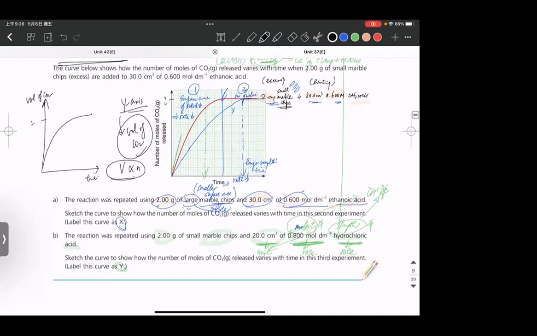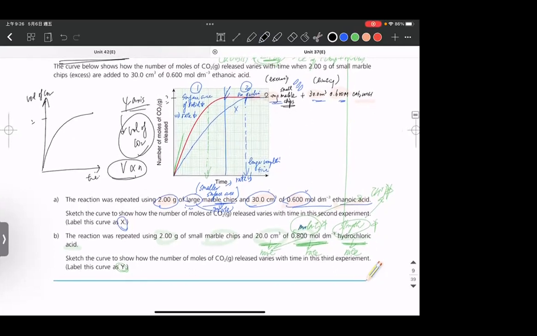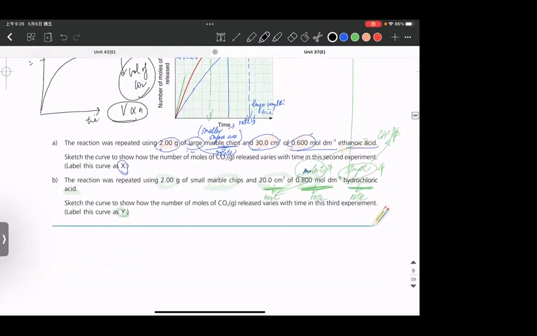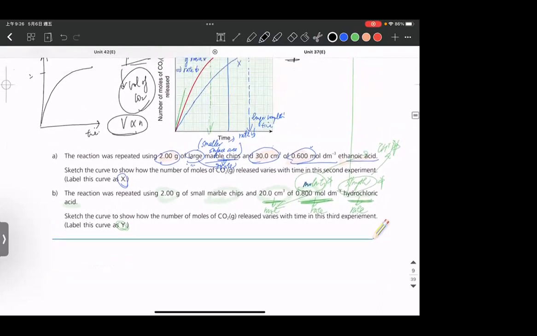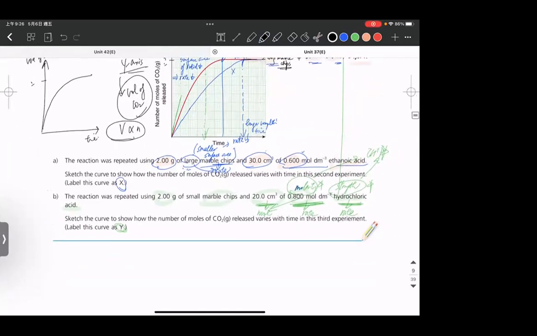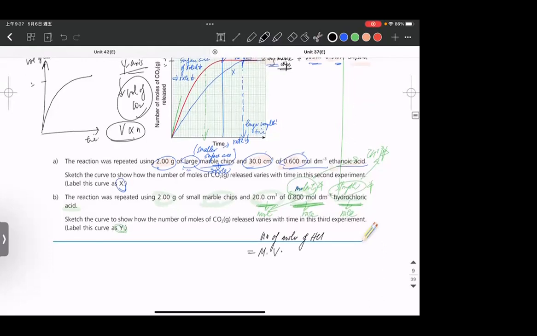Hydrochloric acid. Hydrochloric acid, which is what? Could you please do the calculations now? Number of moles of hydrochloric acid. It is molarity times volume.